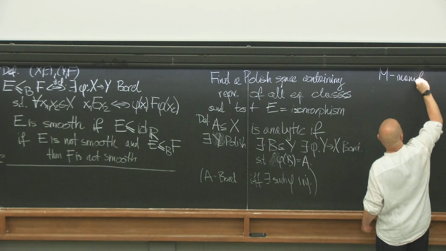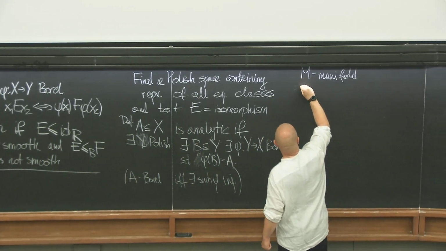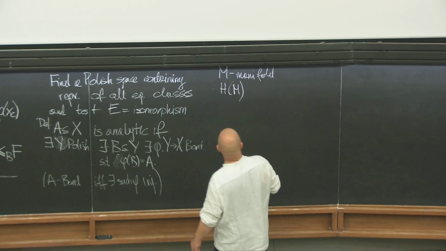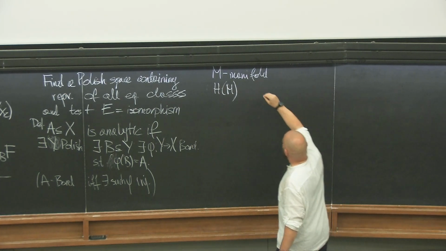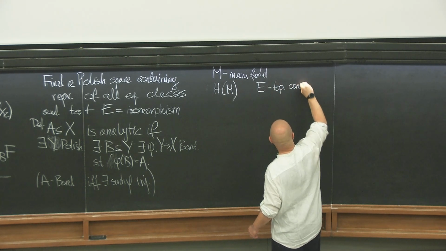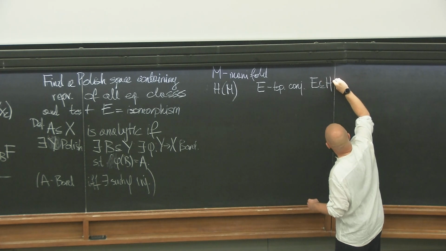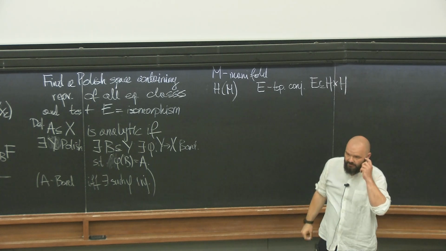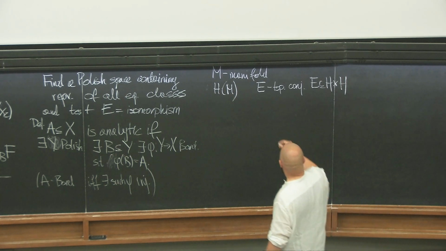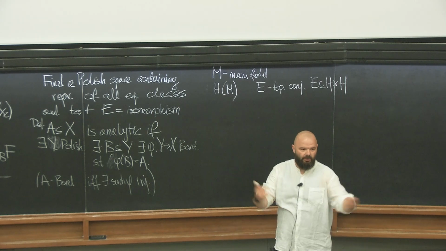I will give you an example. Consider any manifold. Consider now all homeomorphisms of that manifold, and let E be the relation of topological conjugacy. So E is a subset of the space of homeomorphisms times the space of homeomorphisms, and a pair of homeomorphisms is there if and only if there exists a third homeomorphism which conjugates them. We all know that definition.